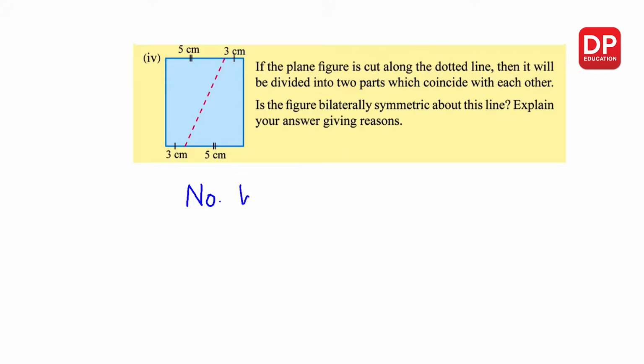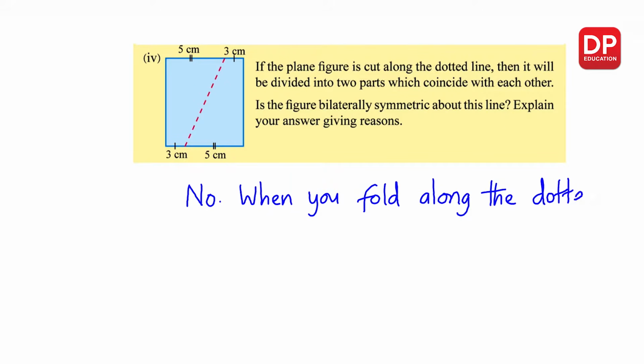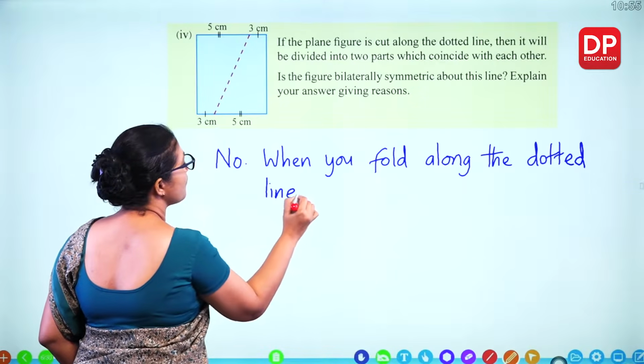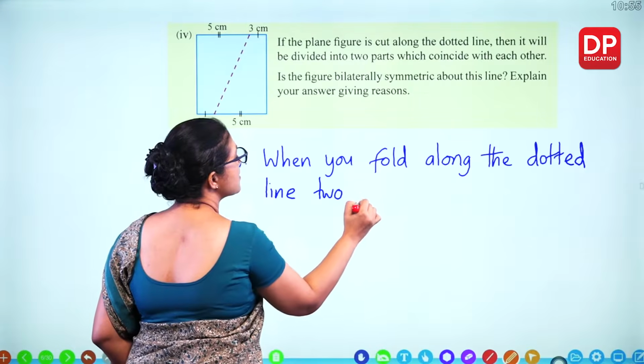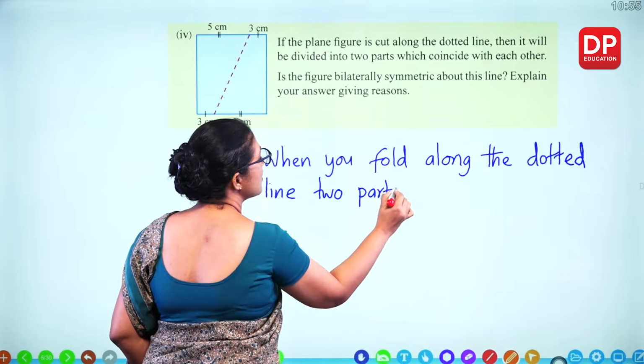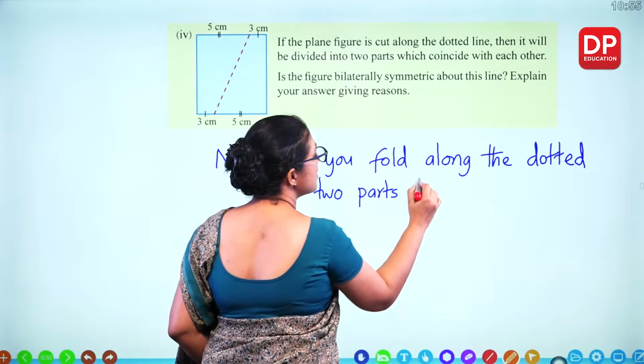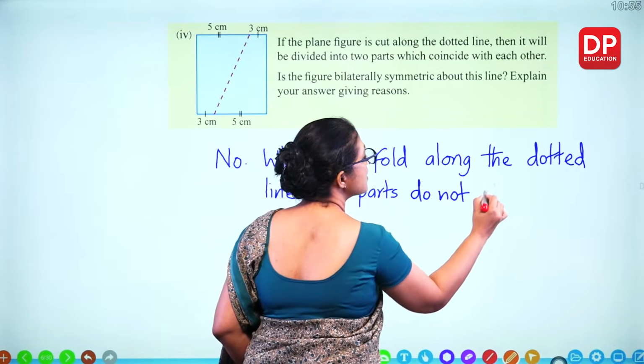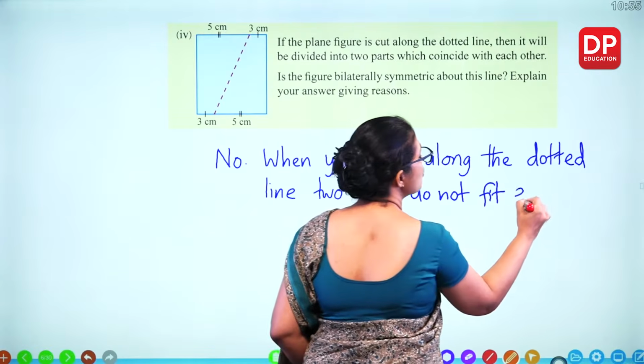When you fold it along the dotted line, two parts do not fit each other.